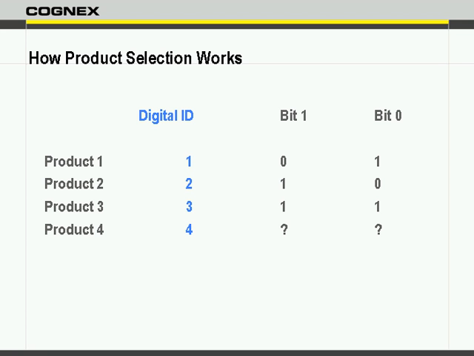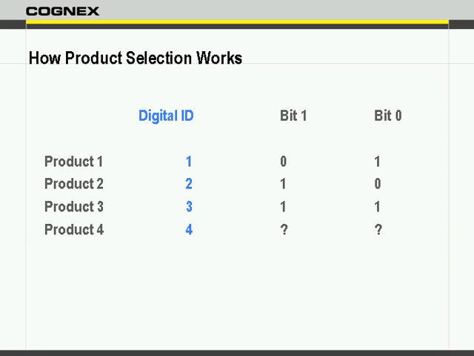So now for product selections, when bit 0 goes high, that's the number 1. When bit 1 goes high, that's 2. When both go high, 2 plus 1 is product 3.